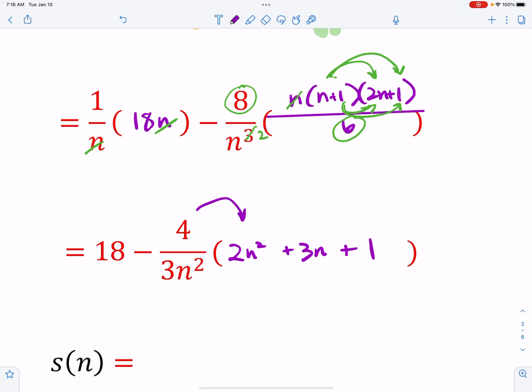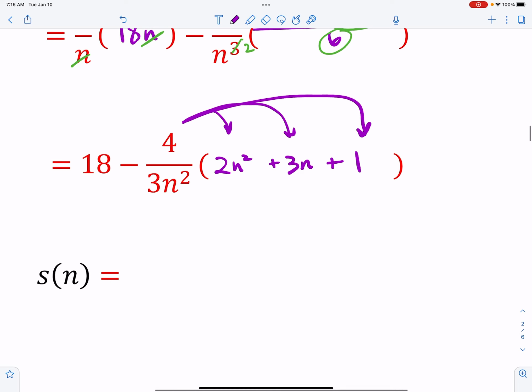And distributing, we end up with 18 minus, what does that become? 8 thirds, because the n squareds will cancel. So minus 8 thirds, and then plus 4 over n, because the n's will cancel, the 3's cancel, and we're left with 1 n in the denominator.